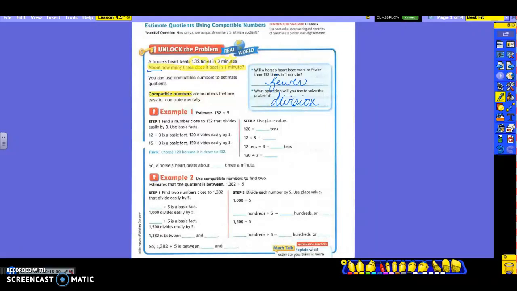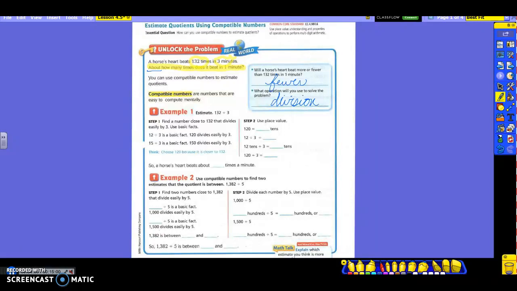Well, can I do that with dividing it by 3 like that? No, I can't. So what I'm going to do is pick something that I can easily divide by. We know that 3 times 4 is 12, and we know that 3 times 5 is 15, and then I can add the zeros. Even though this number does not have a 0, that's kind of what we're thinking about. Does that make sense? Use those basic facts.